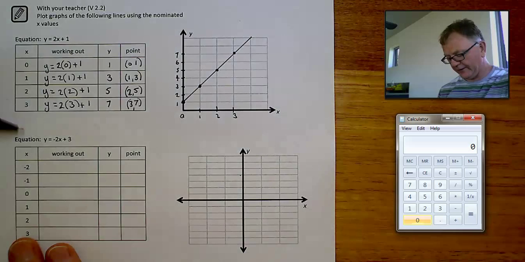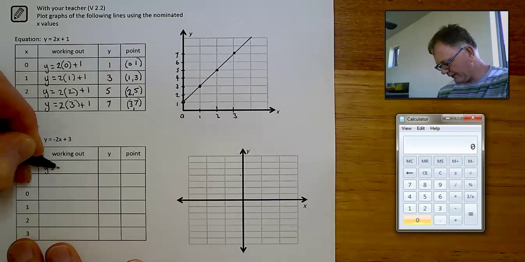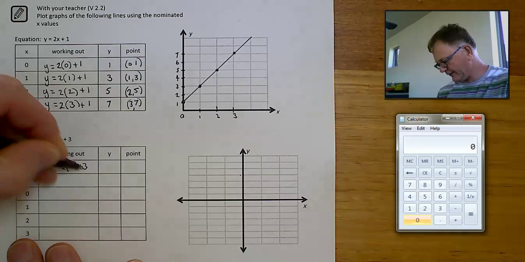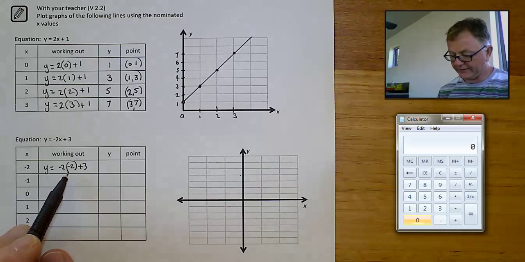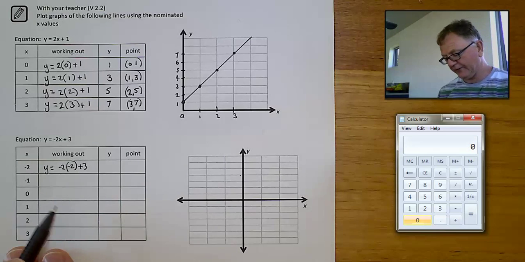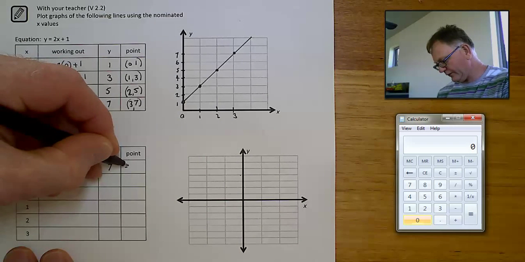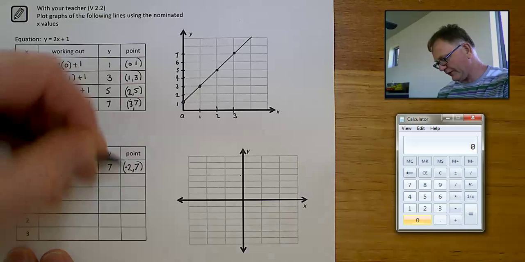So when x equals minus 2, y will equal negative 2 times negative 2 plus 3. Negative times negative equals positive. That'll equal 4 plus 3, which equals 7. The point negative 2, 7 is a point on our graph.